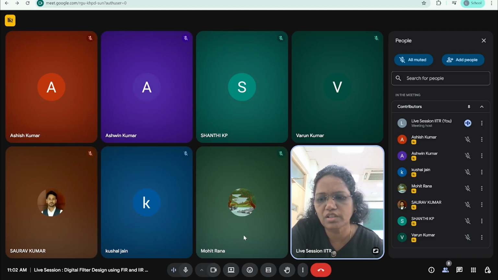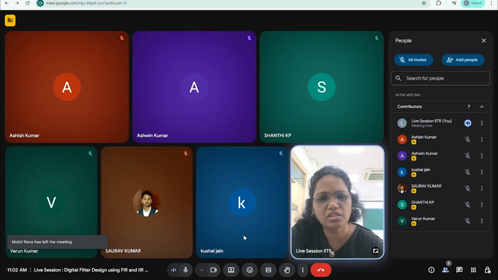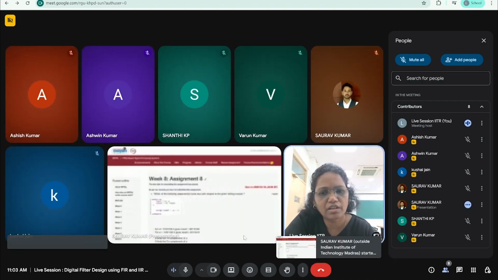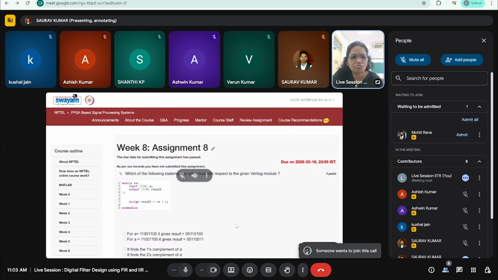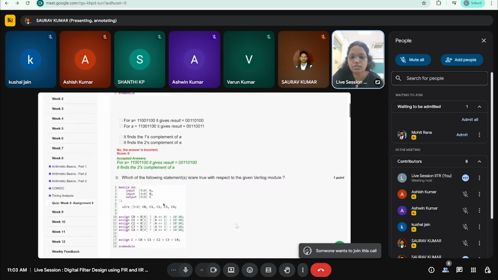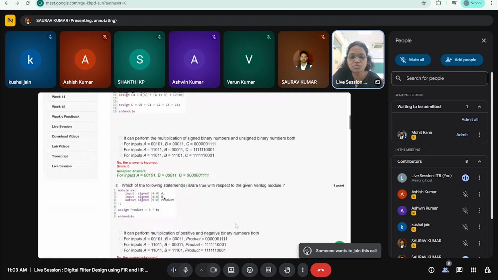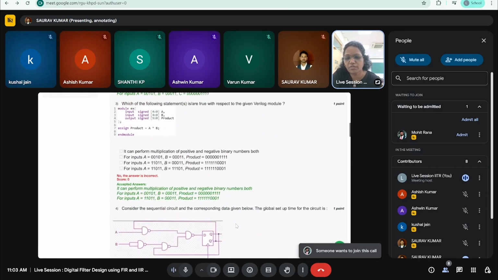Actually, these options were given for floating point representation, and we have dropped that question, but still you can answer the question related to floating point, but we have dropped that question.